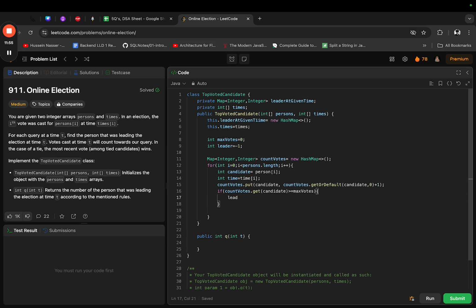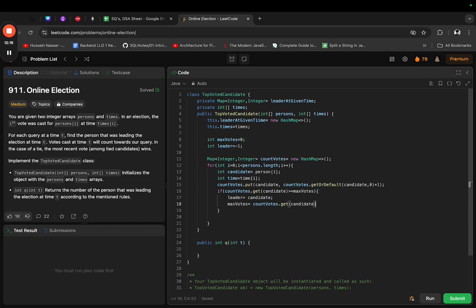So leader is candidate and max votes equal to count votes dot get candidate, right? So that is what I did.